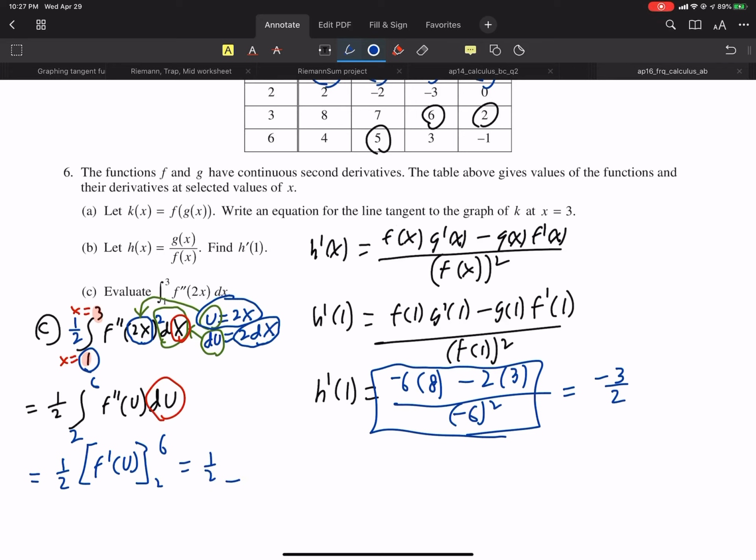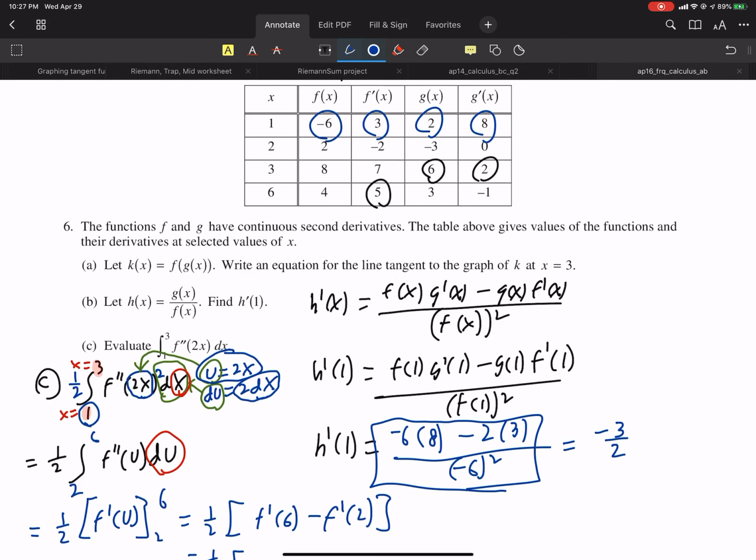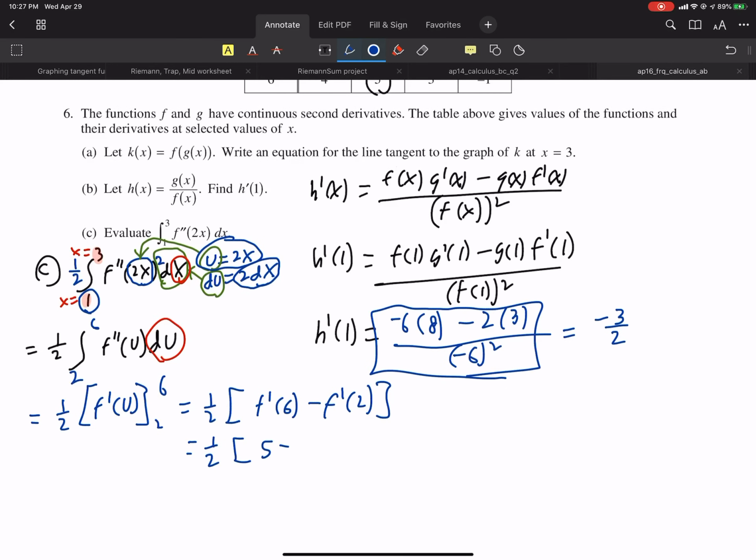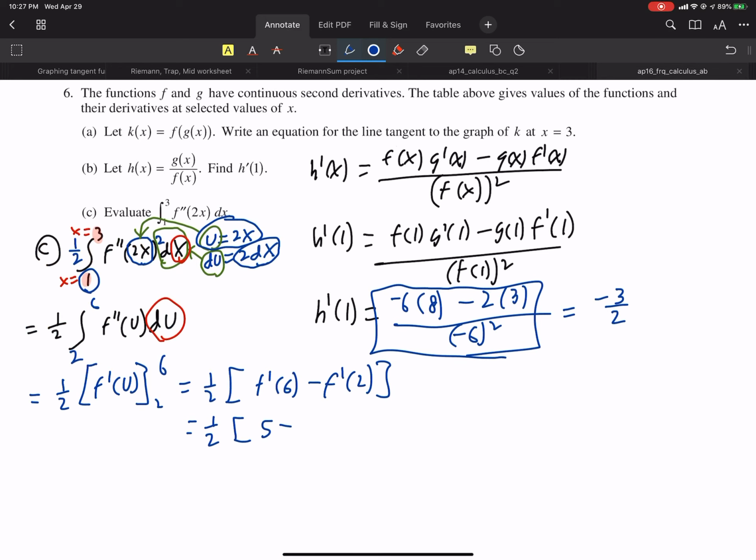Then we plug in our values. We have f prime at 6 minus f prime at 2. And we look at our chart. F prime at 6 is 5. F prime at 2 is negative 2.